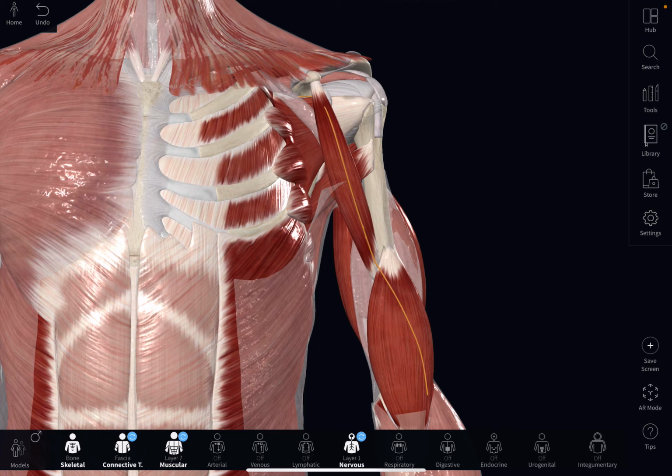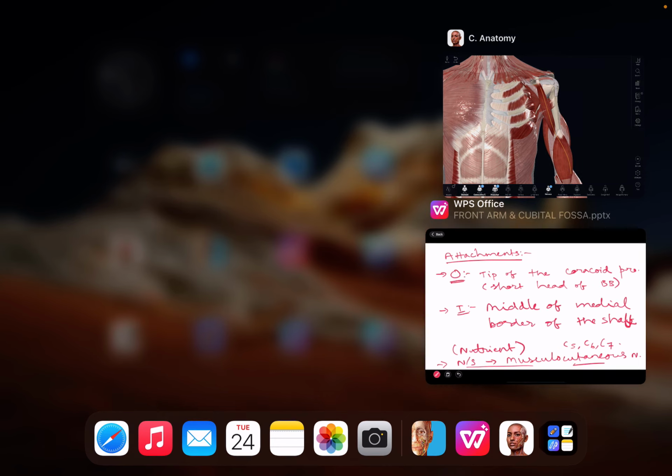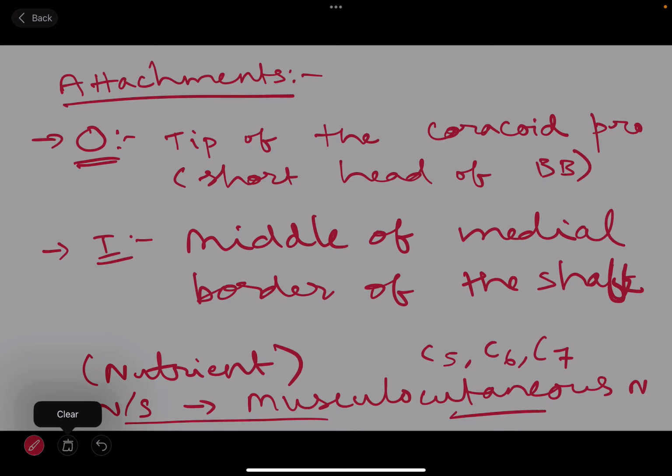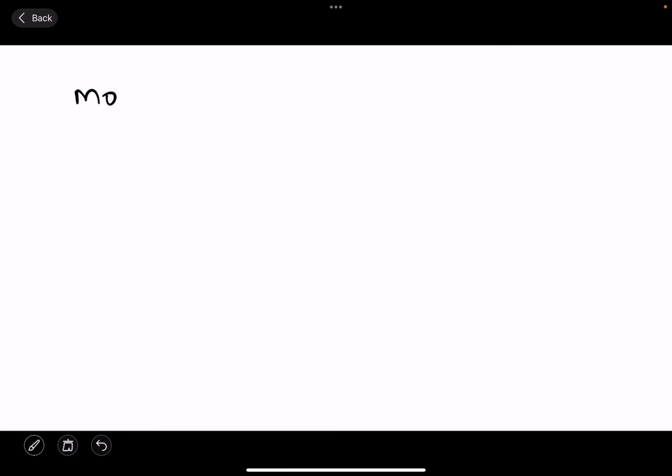Now let us talk about the morphology of the coracobrachialis muscle. So what's the morphology of the coracobrachialis muscle? This muscle is actually a member of the adductor compartment of the arm, which is not existing now due to evolution.